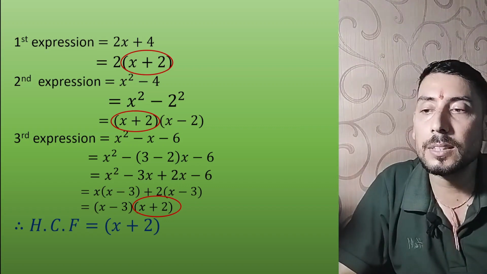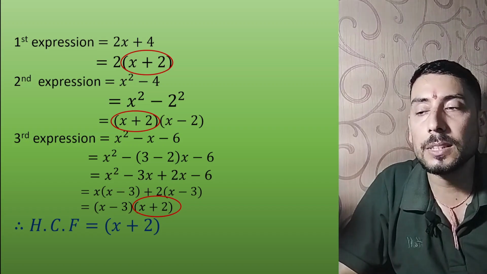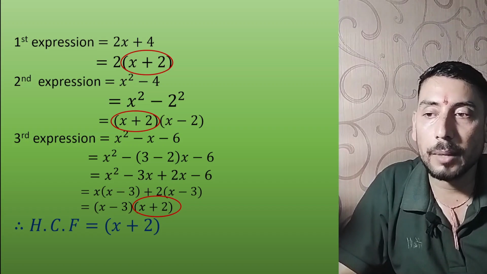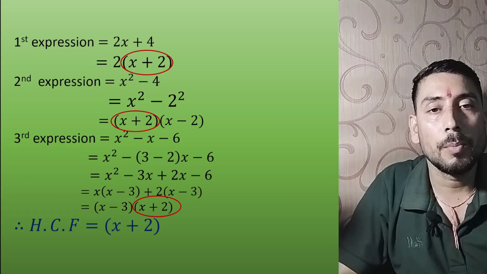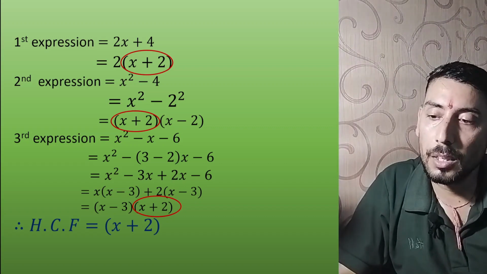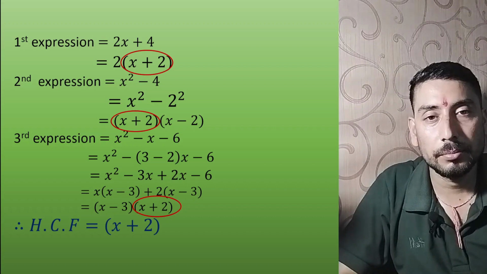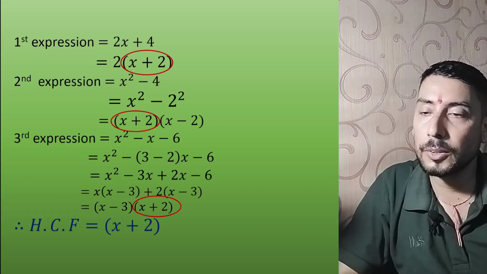That's why this single factor is considered the HCF of the given expressions. In this way, we are able to find the solution of these kinds of polynomial terms. This is your answer, and copy this in your copy.